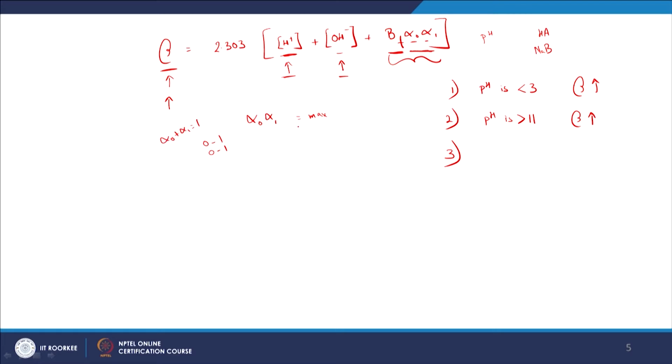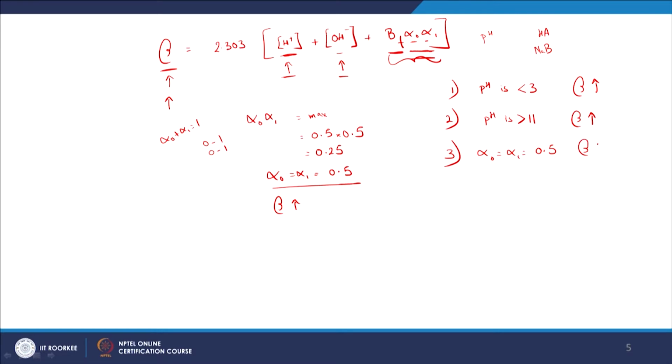So, it is going to be maximum only when it is 0.5 into 0.5, which will be equal to 0.25. So, only when alpha naught equals alpha 1 equals 0.5 will we have the buffer intensity be maximum. So, what is that about? We will try to understand that now.